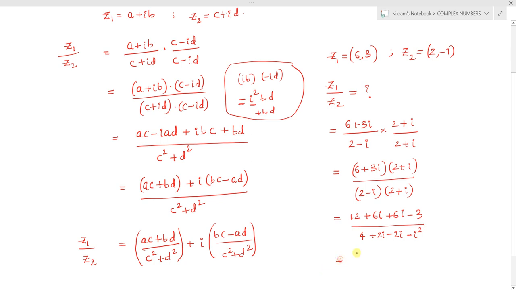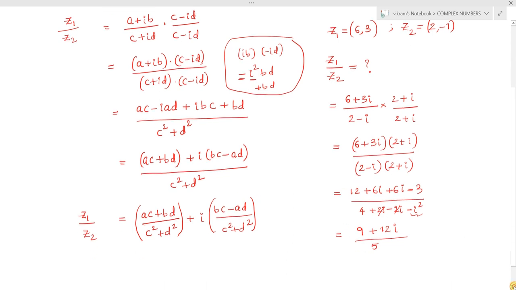So the numerator can be written as 12 minus 3, which is 9, plus 6i plus 6i, which is 12i. The denominator is 4 plus, since i square is minus 1, minus times minus gives plus, so 5, and plus 2i minus 2i cancel out.